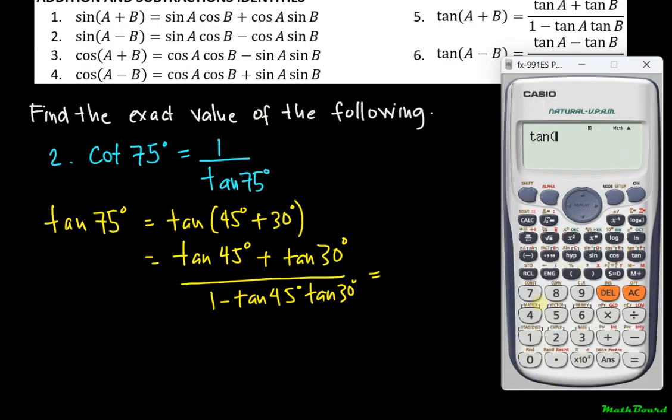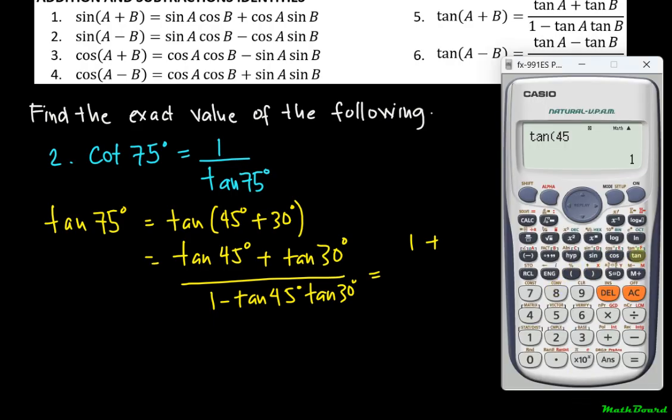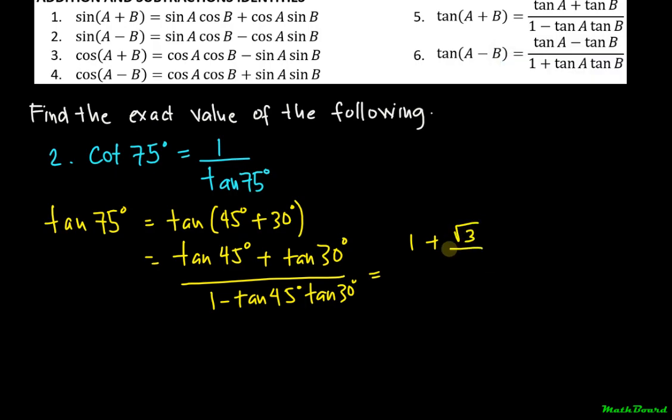so tangent 45 is 1, so we check tangent 45, that's equal to 1, so 1 plus tangent 30, which is square root of 3 over 3, divided by 1 minus tangent 45 is 1, then tangent 30 is square root of 3 over 3.